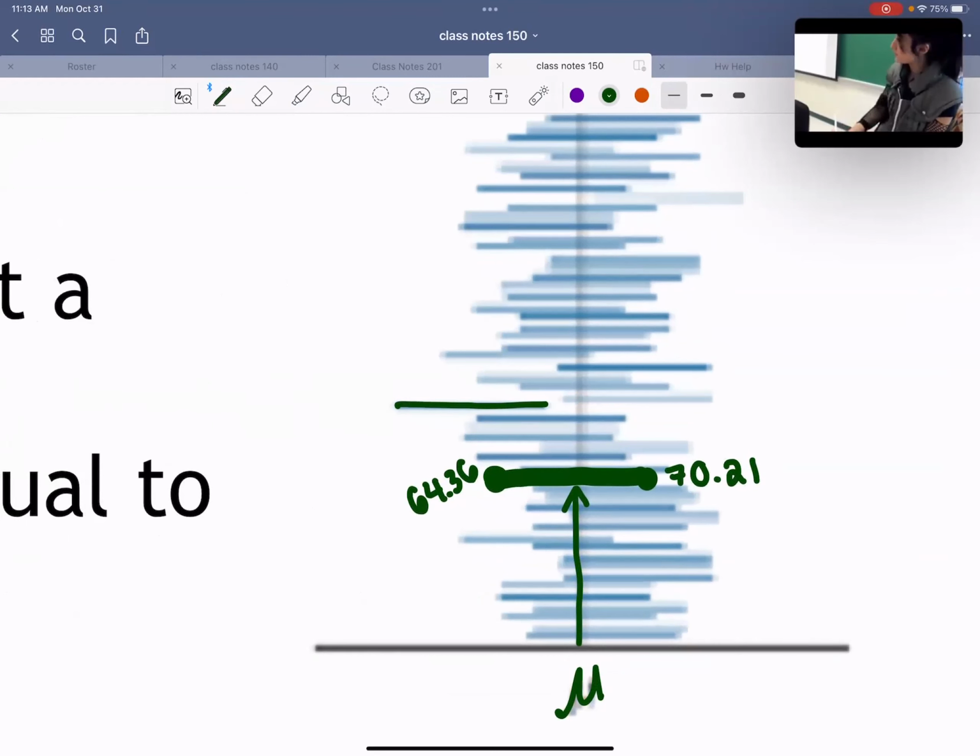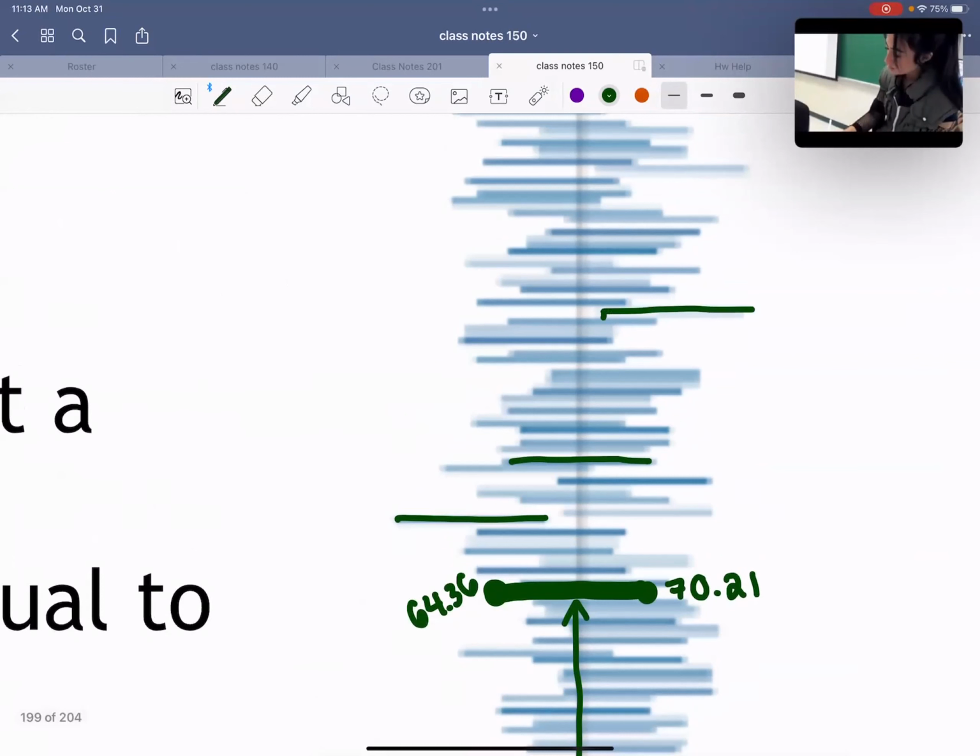Some of them will, like the one that I found. Unfortunately, it looks like this one doesn't. What 95% confidence means is 95% of these intervals, if I take a lot of samples, like 1,000 or 1,000,000, will contain the population mean, 5% won't.